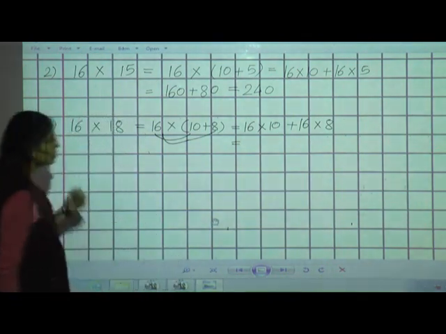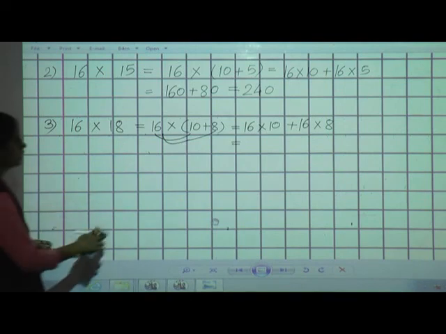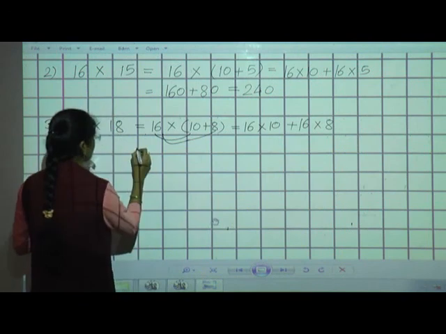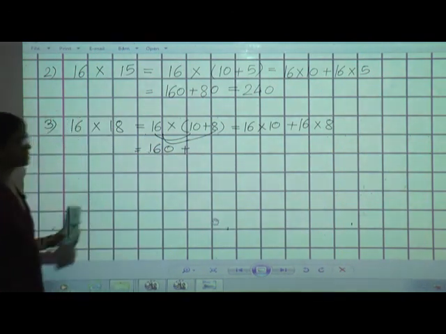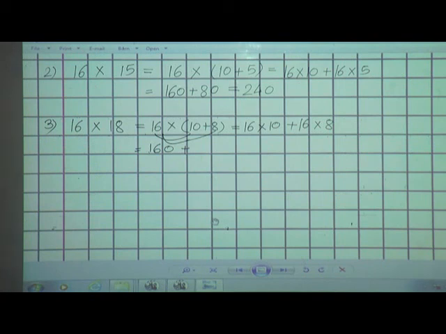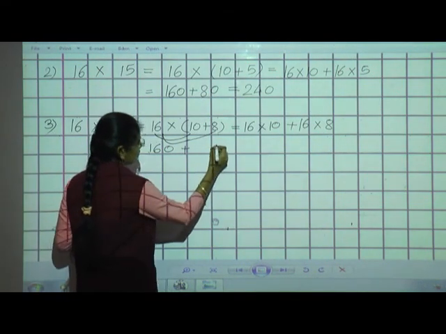Now 16 into 10 is equal to 160. Okay. And then 16 into 8. 16 into 10, 160, plus 16 into 8. Do the multiplication. 16 into 8, that is 8 6s are, yes, 48.